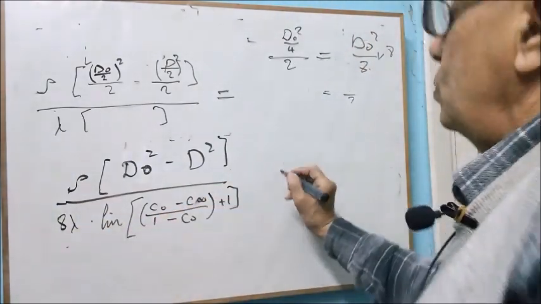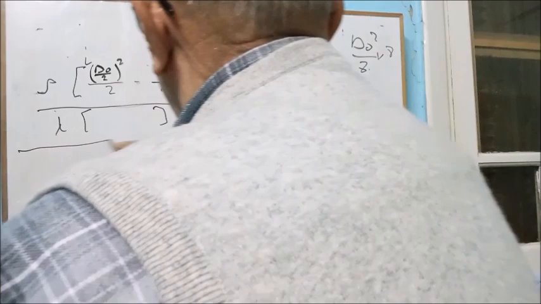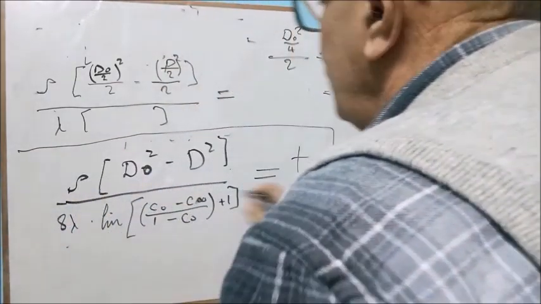That's 8 lambda, 8 lambda ln term equals t. So this is our golden formula.